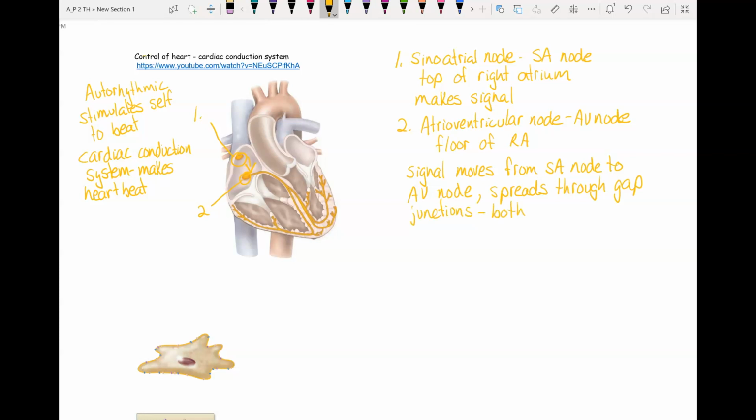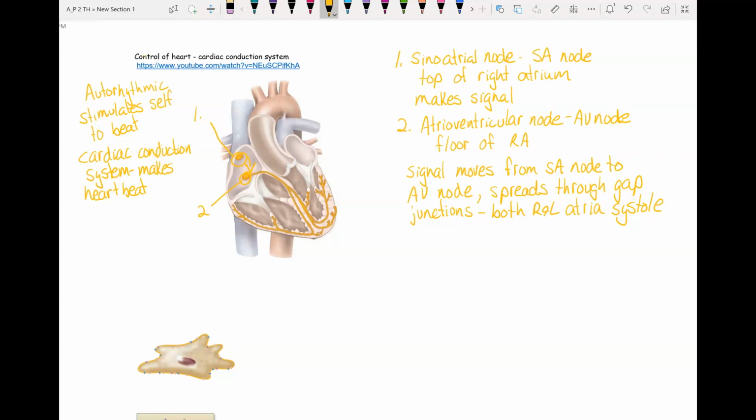So both your right and left atria contract during this time. And remember, contract is systole. So as the signal moves from the SA to the AV, the atria is in systole. And remember also we talked about the importance of the atria and the ventricles taking turns.